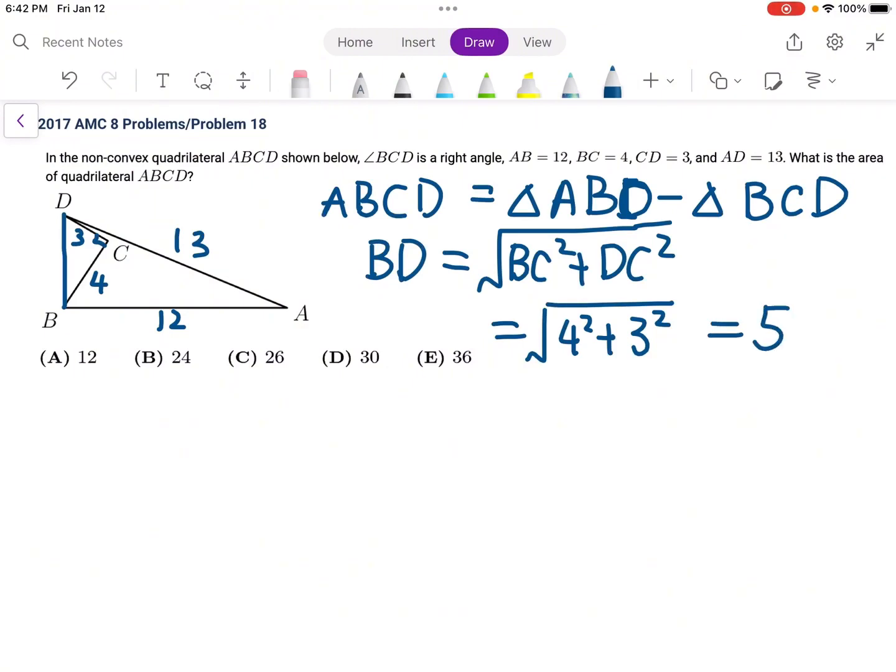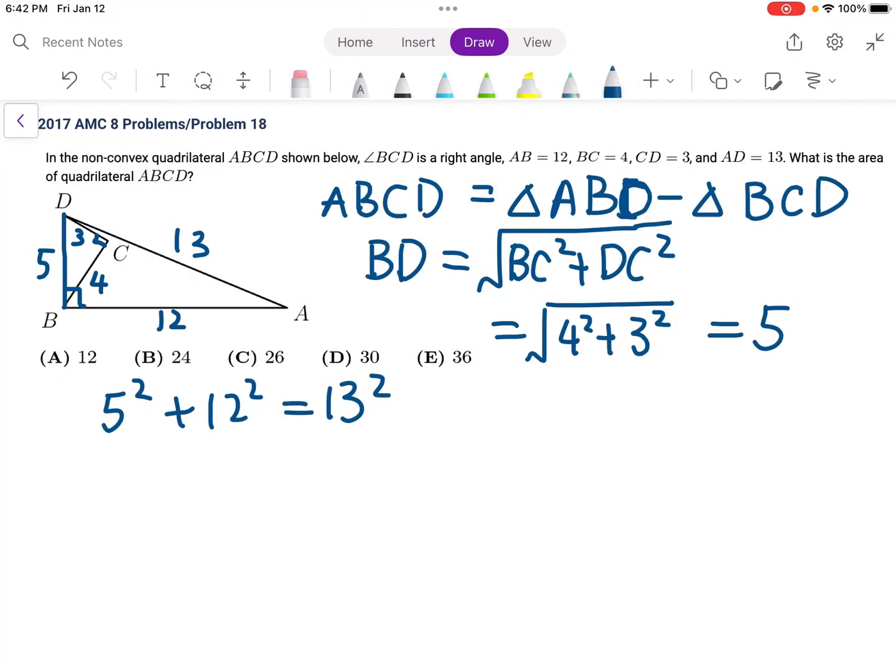So now if BD equals 5 and AB equals 12, AD equals 13, then we need to identify that 5 square plus 12 square equals 13 square. That means angle ABD is also a right angle.